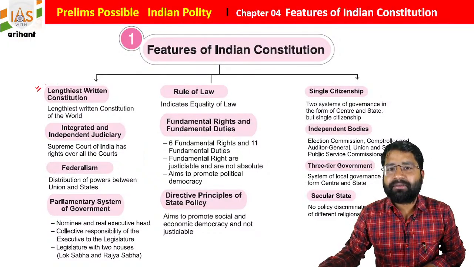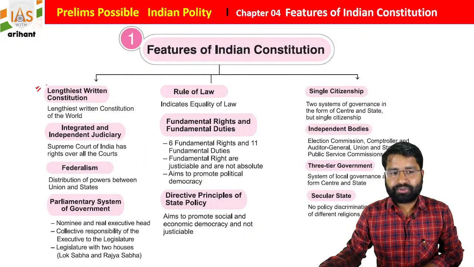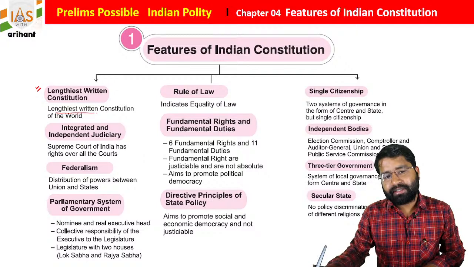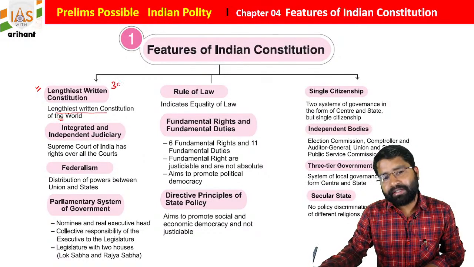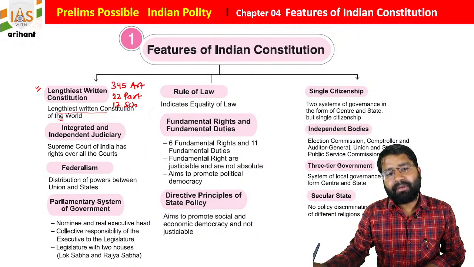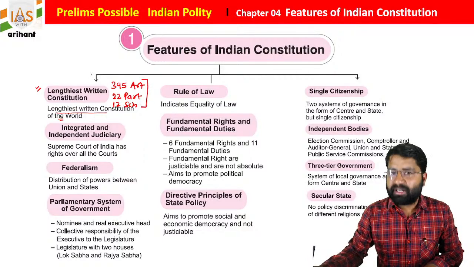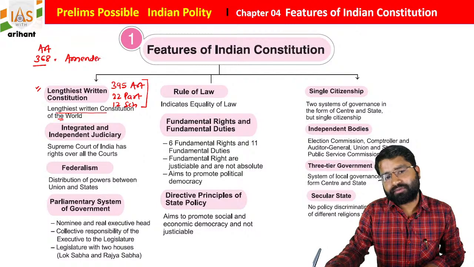As you know, students, our constitution is the world's lengthiest written constitution. It has 395 articles, 22 parts, and 12 schedules. But after adding some amendments, there is Article 368 of the Indian Constitution that mentions amendment of the Constitution, students.